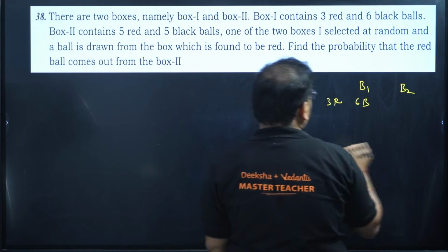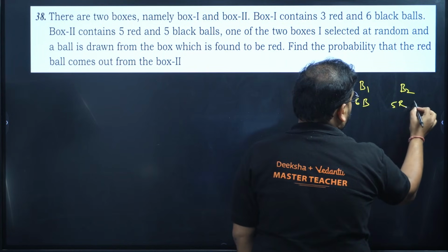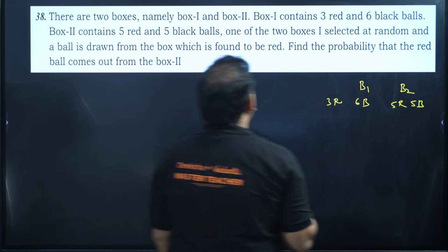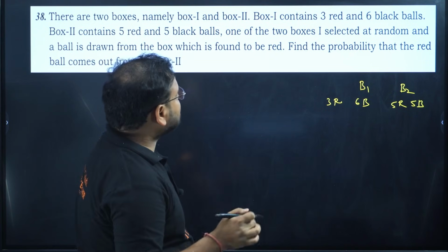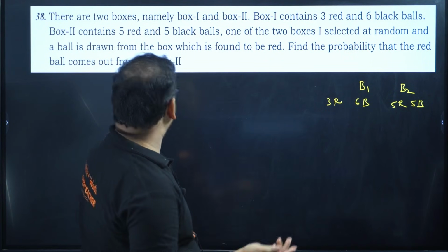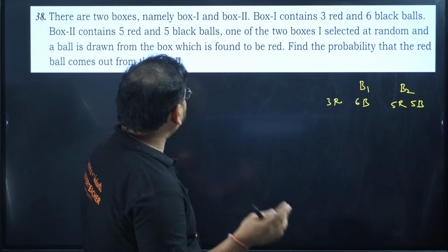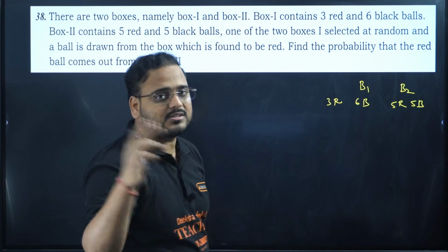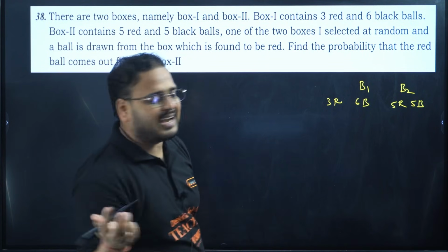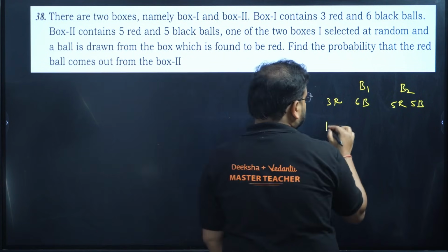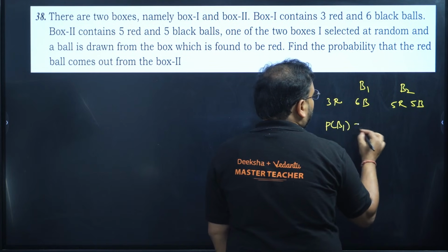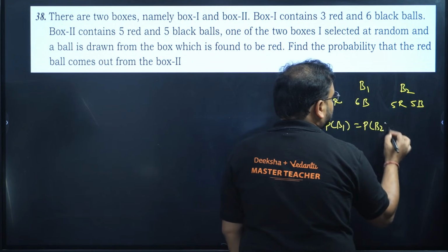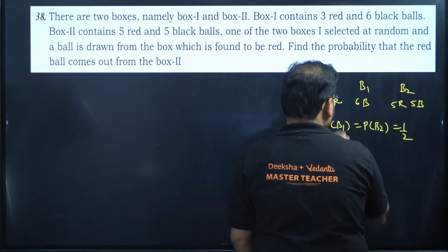Box 2 has 5 reds and 5 black balls. One of the 2 boxes is selected at random and a ball is drawn, which is found to be red. Picking a box is a random event, so the probability of picking the box B1 or the box B2 is 1/2.